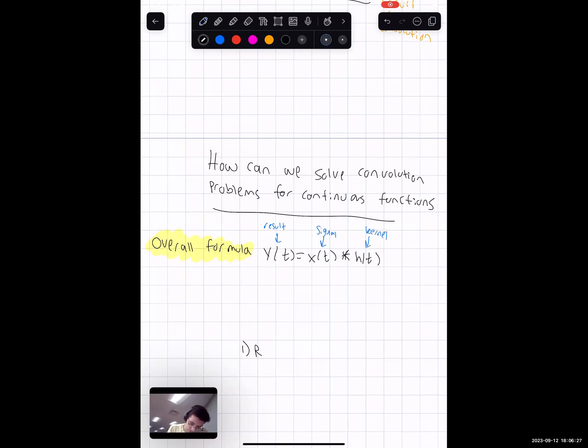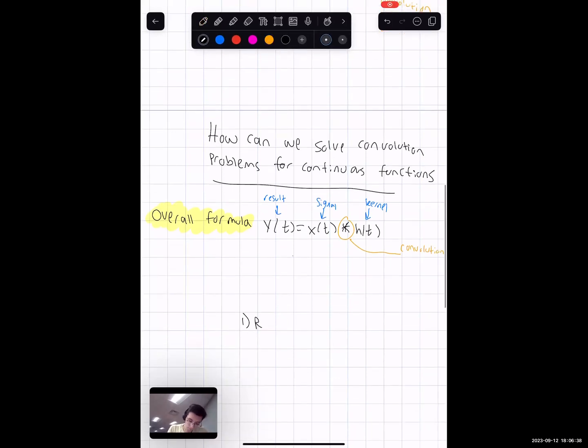The actual formula for this, and just as a reminder, this symbol here is not multiplication, it's convolution. For continuous functions, the formula is the integral from negative infinity to infinity of x of tau, this is a tau, not a t, multiplied with h of t minus tau, d tau. Here, this is a t, and this is a tau. And the tau is this dummy variable.